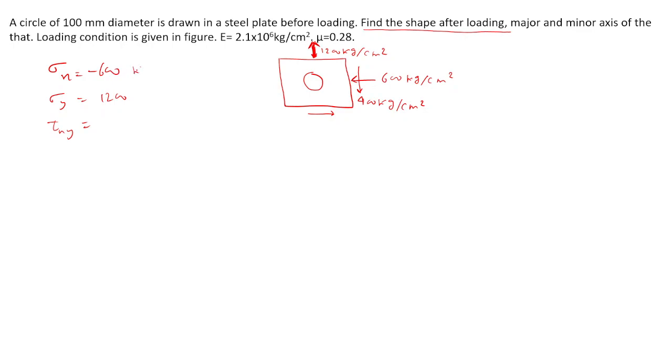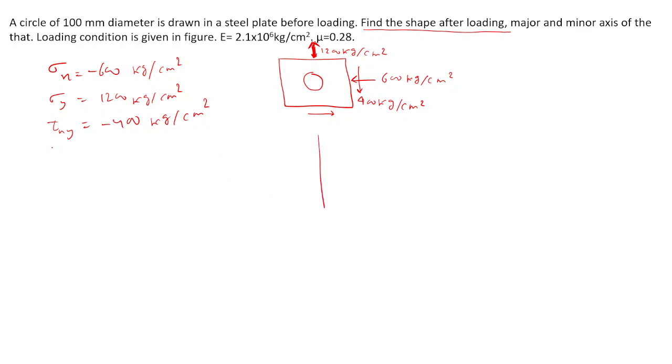So we can take this as kilogram per centimeter square. And tau xy plus or minus 400, according to our formula, keep this direction in mind. Per centimeter square. So two things you have to tell me first.